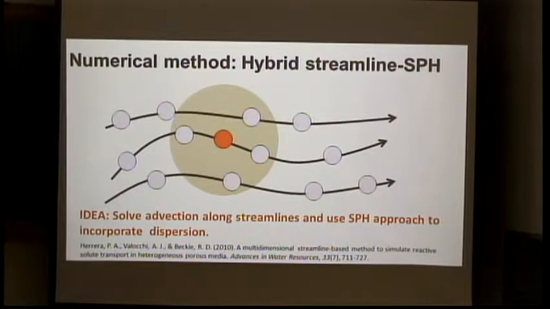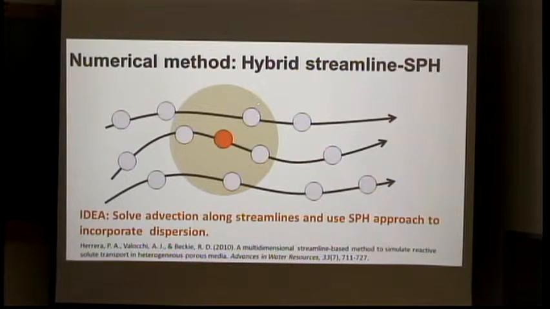Looking at this problem from a numerical point of view is quite challenging because the flow has this difficult shape. So we're using a numerical method developed by us, which we call hybrid streamline-SPH. Essentially, we trace the streamlines and discretize them with numerical nodes, such that we can solve advection almost exactly along the streamlines, and also longitudinal dispersion.